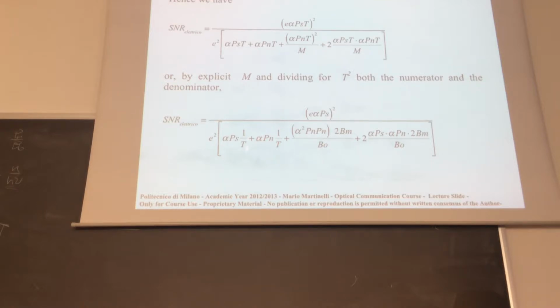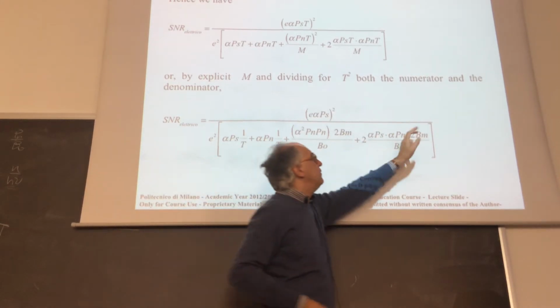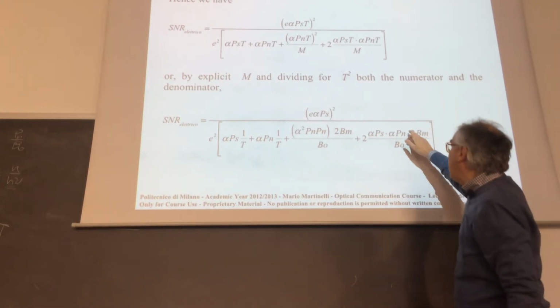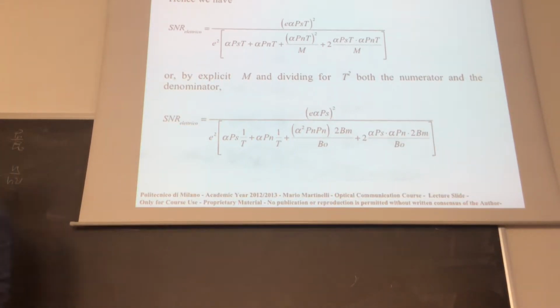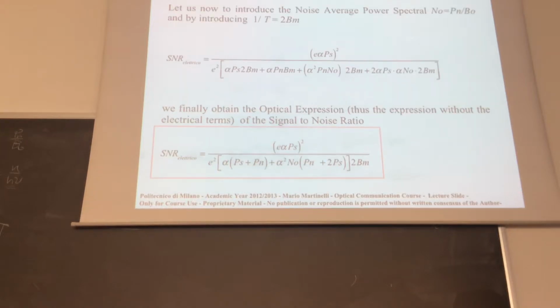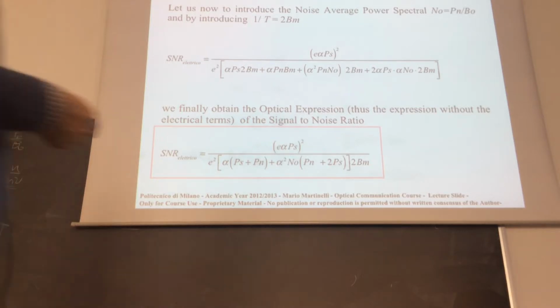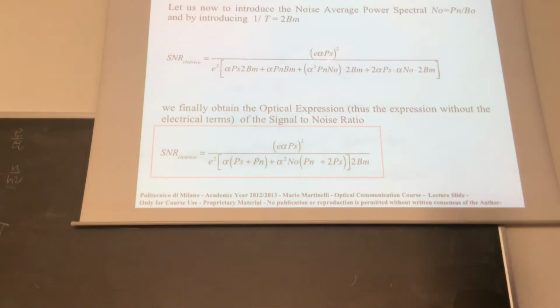Then instead of having 1 over T here, I have 2Bm in the numerator. So I collect all the 2Bm, and here I have No, here I have No. With this substitution, it's just an algebraic change, I obtain this expression: alpha Ps squared divided by alpha Ps 2Bm, alpha Pn 2Bm, alpha squared Pn No 2Bm, 2 alpha.